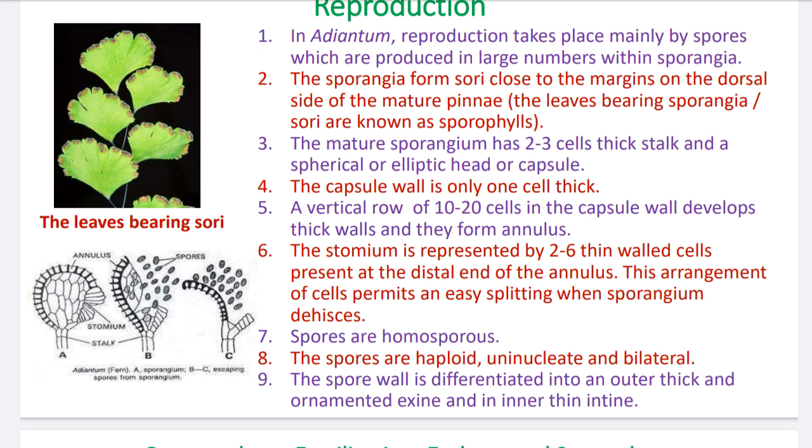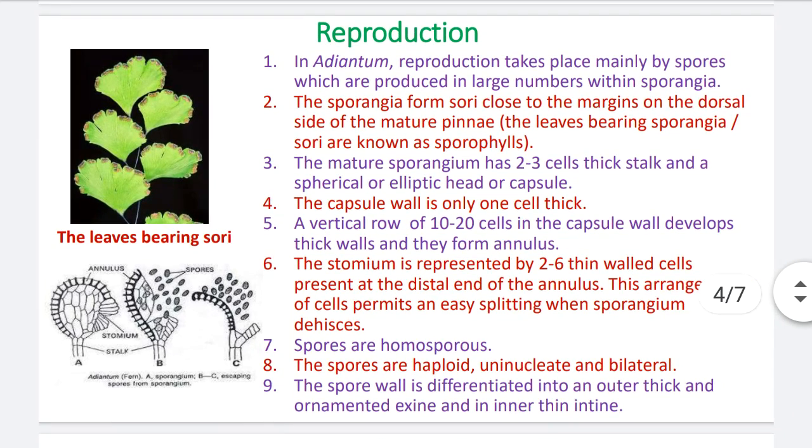Then number 7, spores are homosporous. Homospores means all spores are similar in structure. So Adiantum is homosporous. Why homosporous? Because a single type of spore is present in the life cycle of Adiantum. Point number 8. The spores are haploid, uninucleate and bilateral. So these are the characteristics. Each spore is haploid and uninucleate.